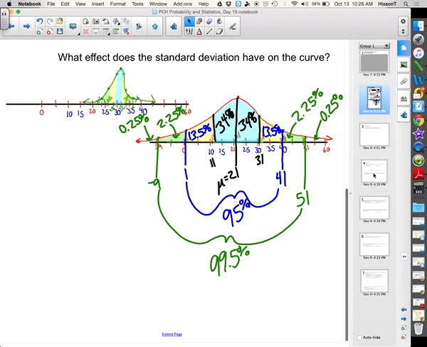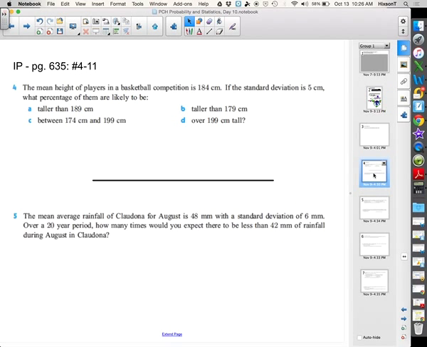But when we go to take a look at problems like this, first we need to draw our bell curve, okay? So the highest point in this example says the mean height of players in a basketball competition is 184 centimeters.